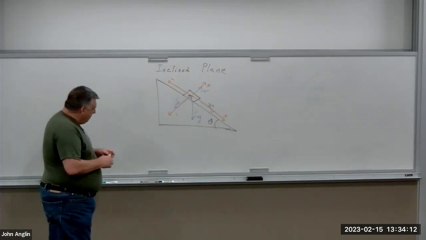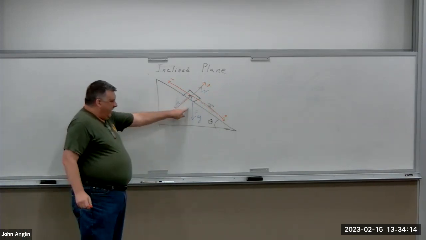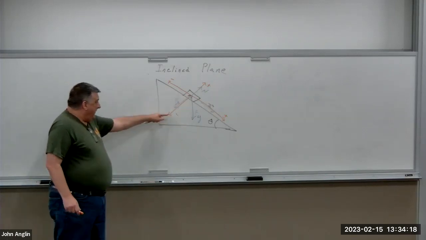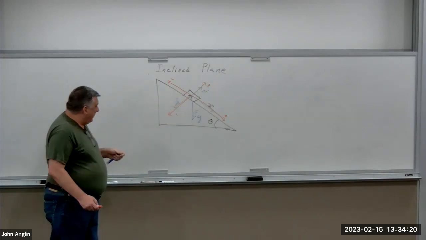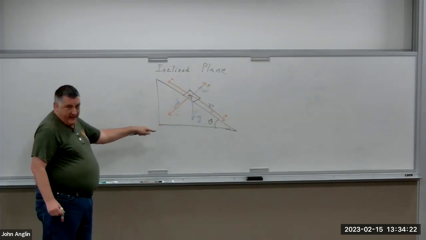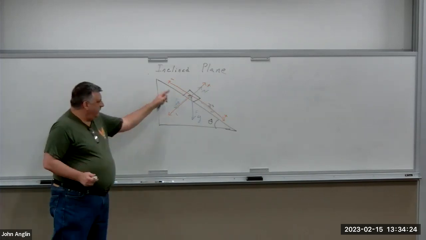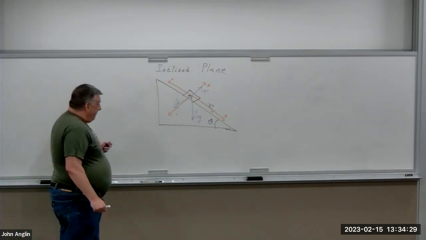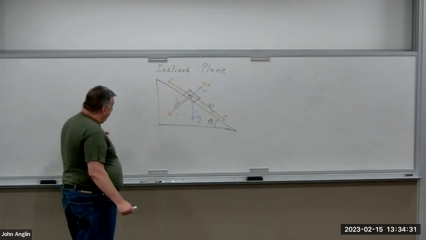We now know if this is gravity, and gravity is not acting directly along the line of our motion, it's not acting directly along our vector here that we set up.